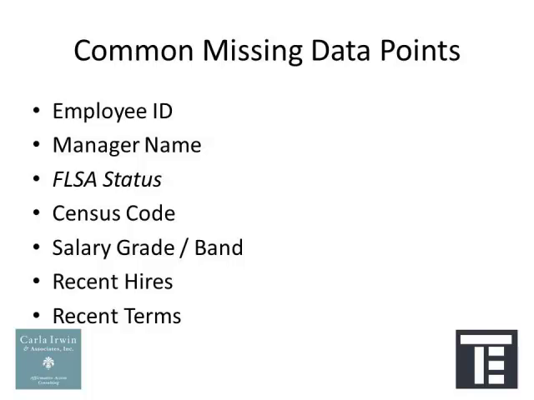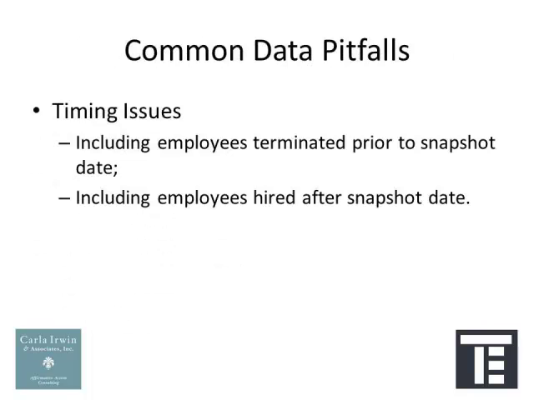So your snapshot doesn't include the hires that happened just days before, or may include people who were terminated in the days leading up. So really getting that organized with the folks that input your AAP or your activity data, to make sure that you give them some timelines once your AAP date comes around. So that's also very important.